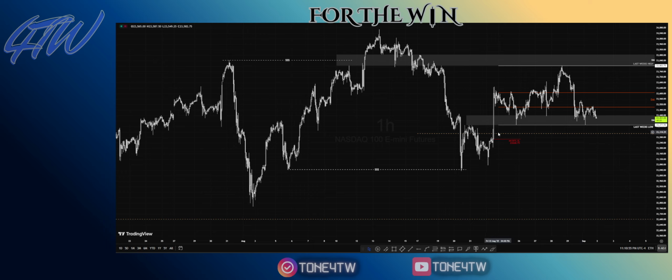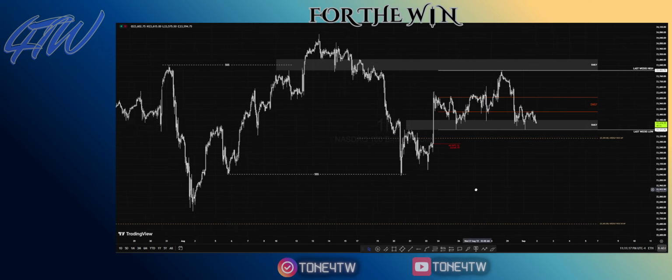Here. And this here was last week's, previous week's before that low there. And then the high was here. So we're just still in this range here from that high to this low.